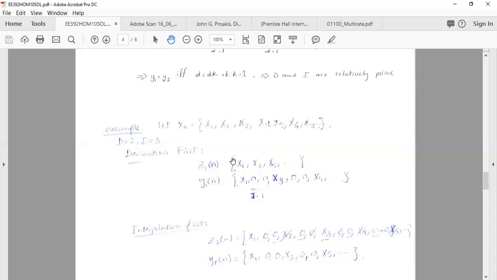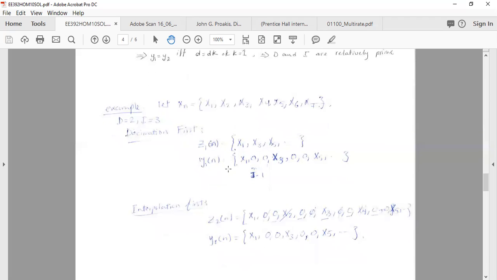Now, if we interpolate this signal that we have after decimating, we end up with a sequence x1, 0, 0, where our I is equal to 3. Like I said, when you are interpolating, whatever I value you have, you take I minus 1 and after each element you add that number of zeros.